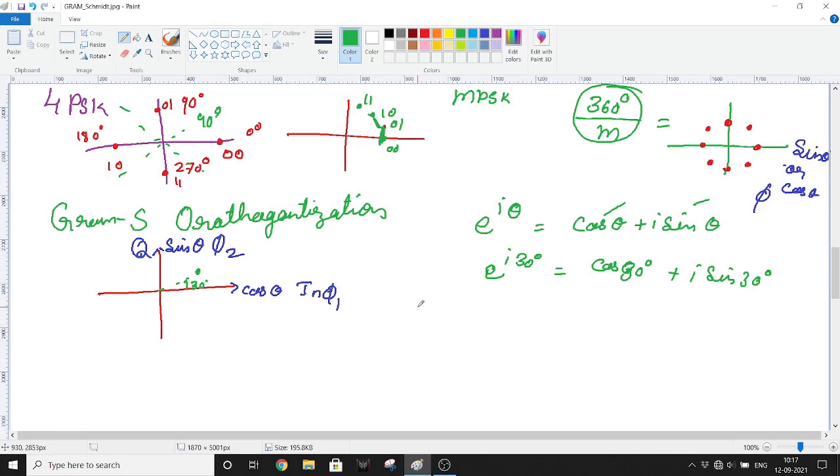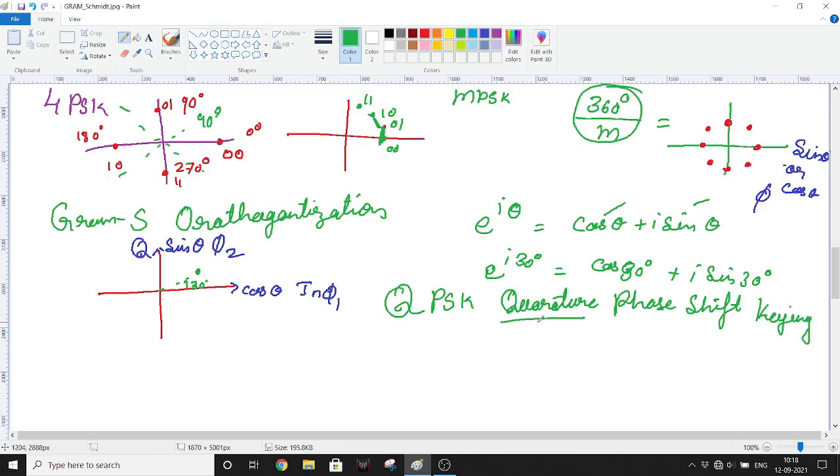The first and foremost way of representing PSK that comes into the picture is QPSK, that is quadrature phase shift keying. So as the name says, all symbols are 90 degrees apart from each other. So let's draw it.